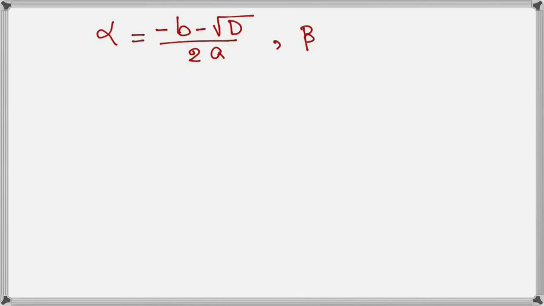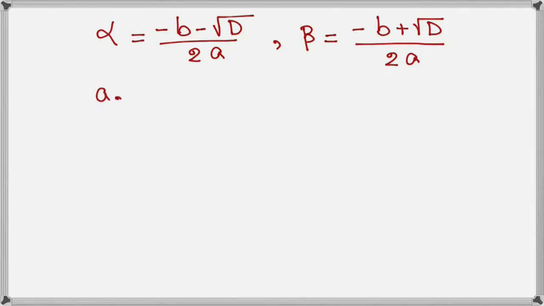So if we write using the notation D, then we have alpha is equal to (−b − √D)/2a, and beta is equal to (−b + √D)/2a.